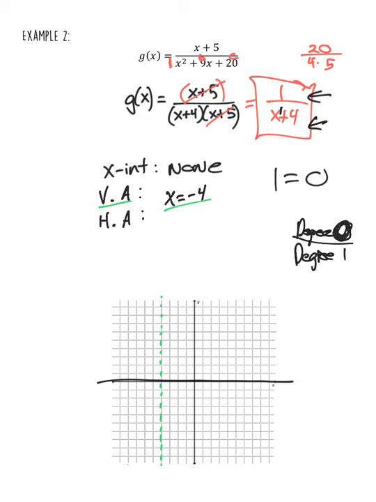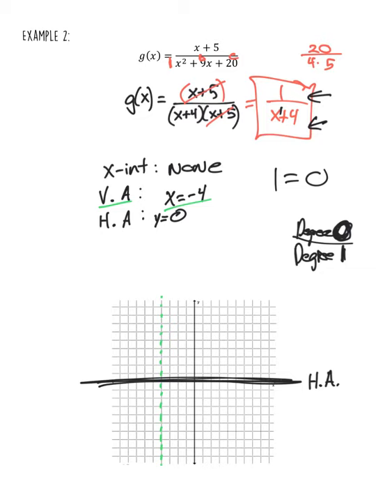Because the top degree is lower than the bottom degree, that means your horizontal asymptote would be y equals 0, which is this line right here. Okay, this is the horizontal asymptote.